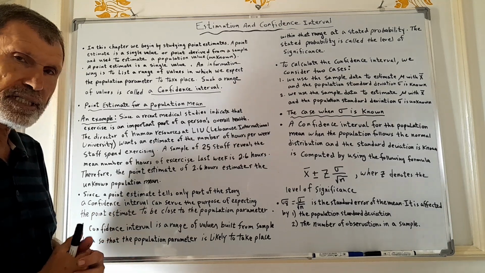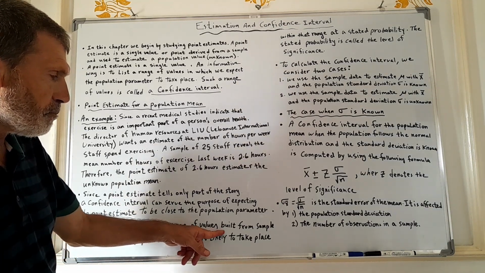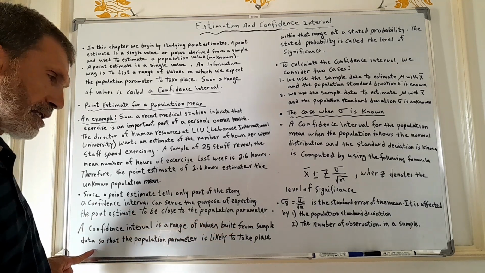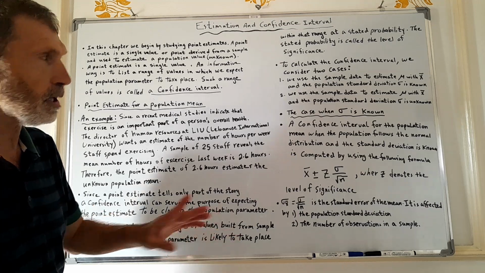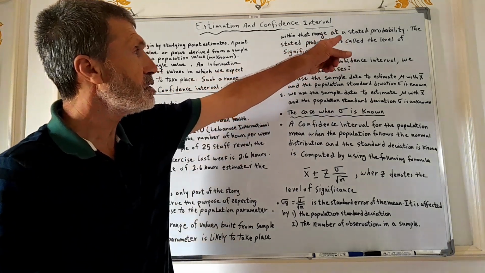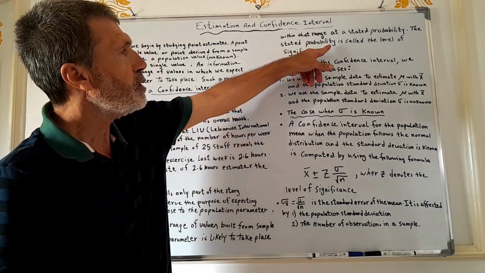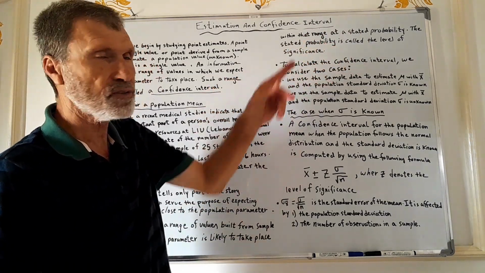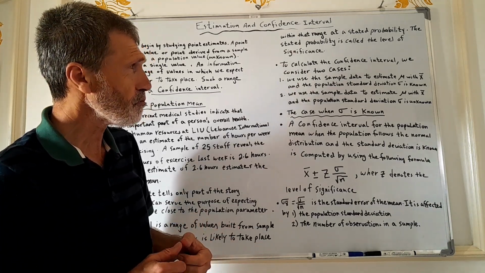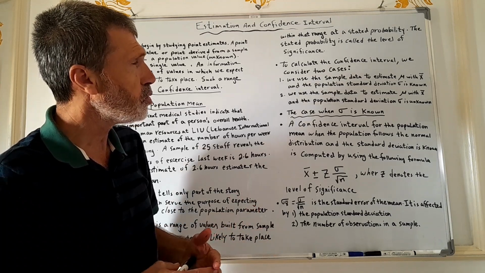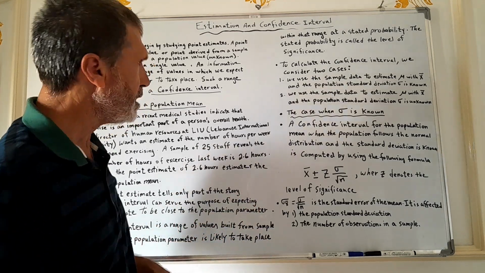What is a confidence interval? A confidence interval is a range of values built from sample data so that the population parameter is likely to take place within that range at a stated probability. The stated probability is called the level of significance. Shortly we will show how to find the confidence interval.